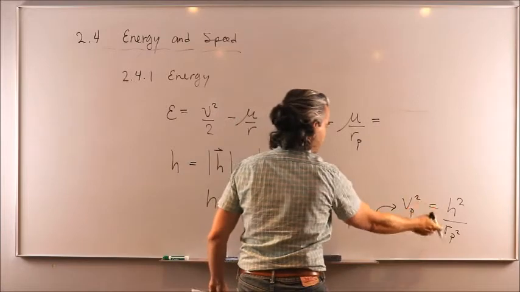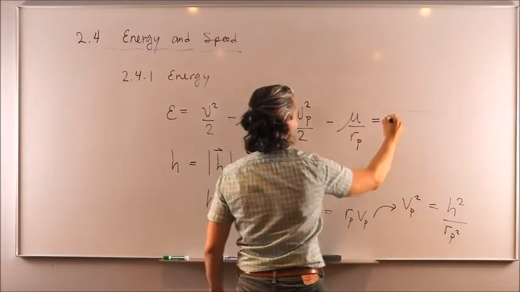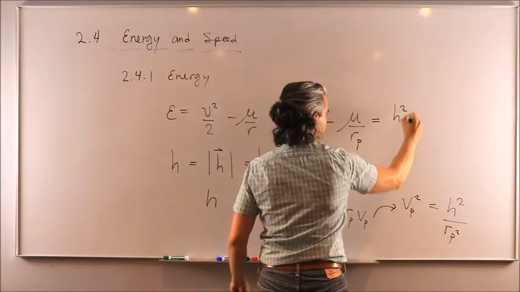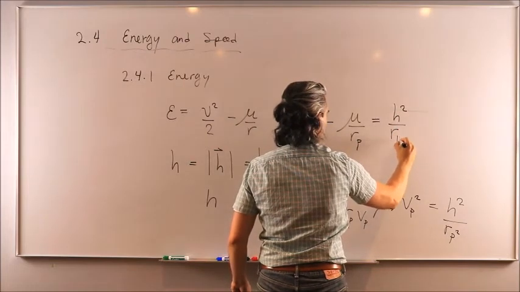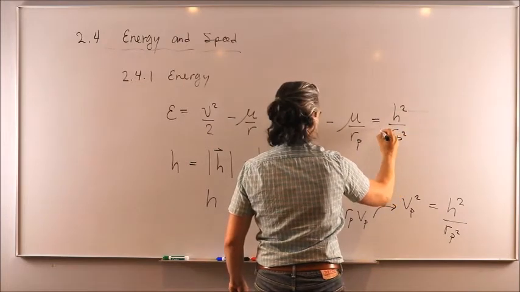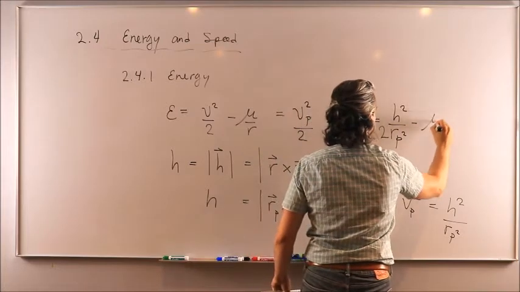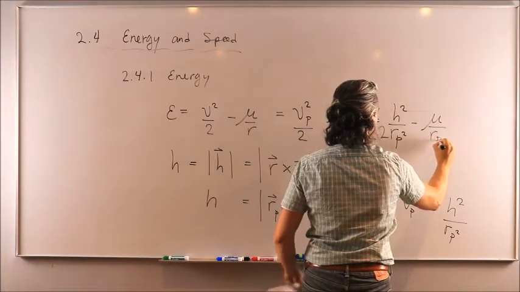So I'm just going to substitute this into that first expression: h squared over rp squared over 2 minus mu over rp.